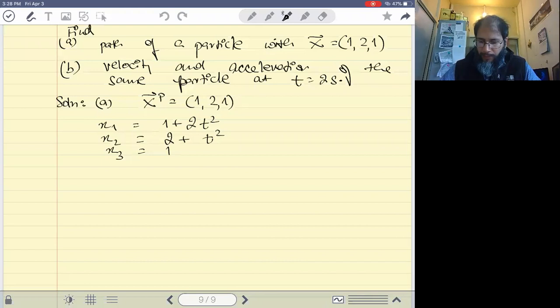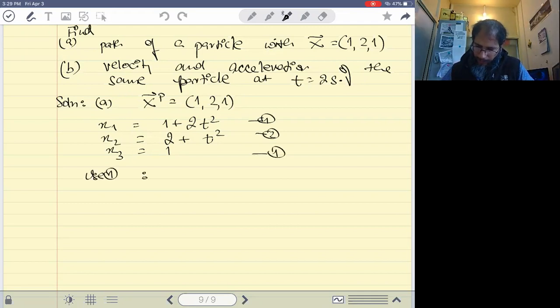So if I have the coordinates of the body as a function of time given as this, to find the path, all you have to do is get rid of t here. So we can use equation number 1. Well, you can use 2 instead.